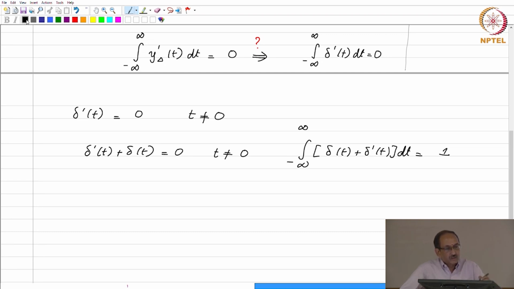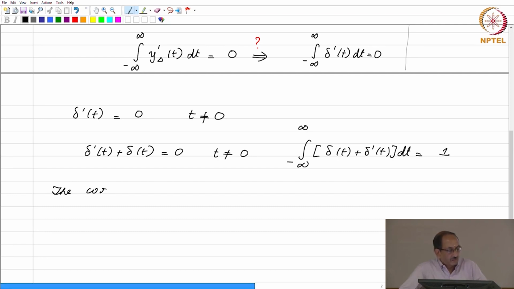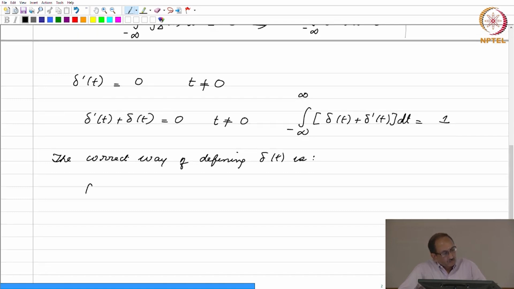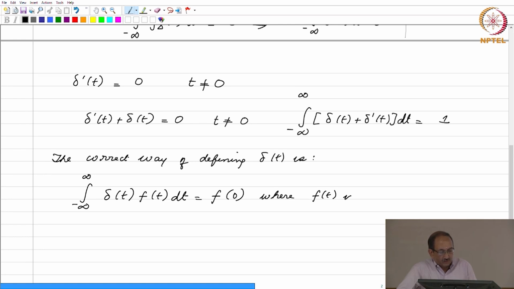So this begs the question, what is the correct definition of delta of t? The correct way of defining the delta function is as follows, where f of t is continuous at t equal to 0.